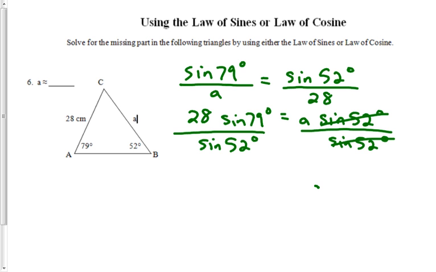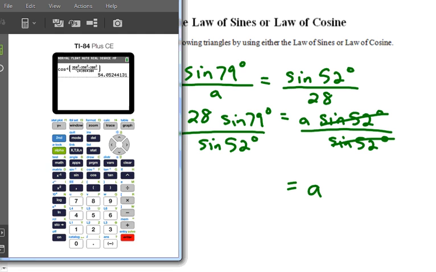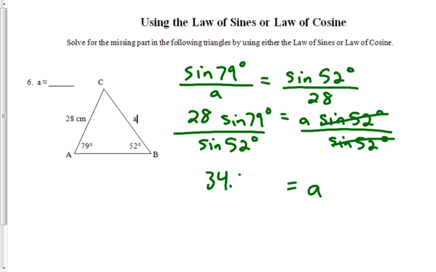Those cancel out. A equals, I'll plug this into my calculator. 28 sine 79 divided by sine 52. Enter. 34.88. 34.88 centimeters.